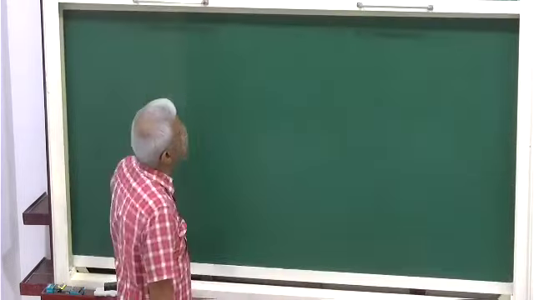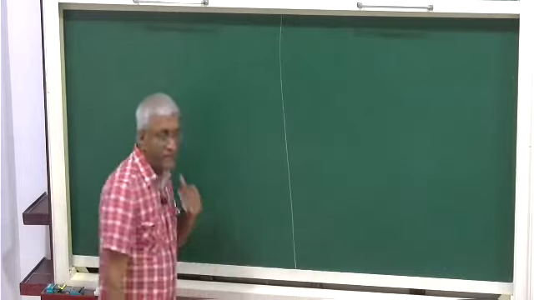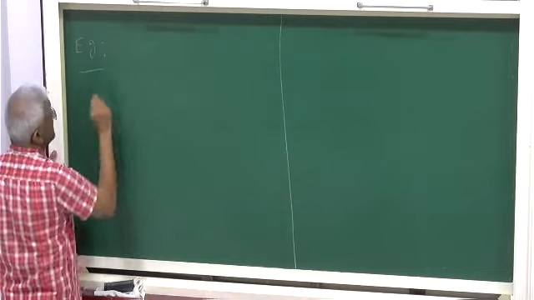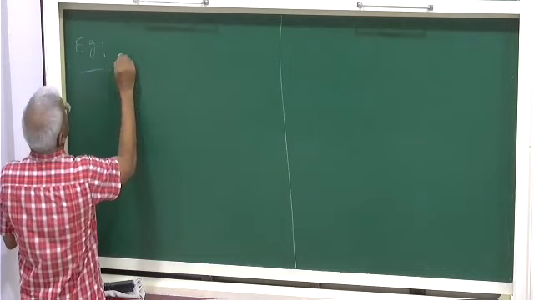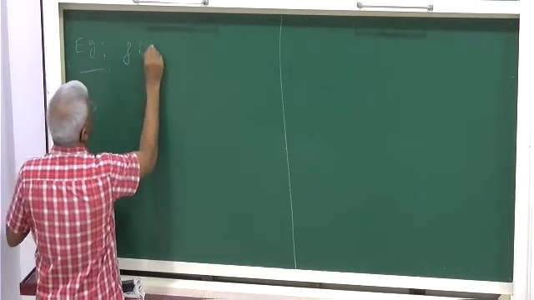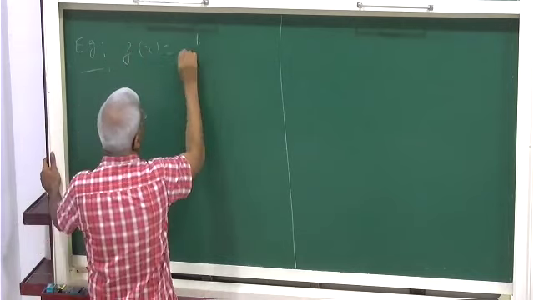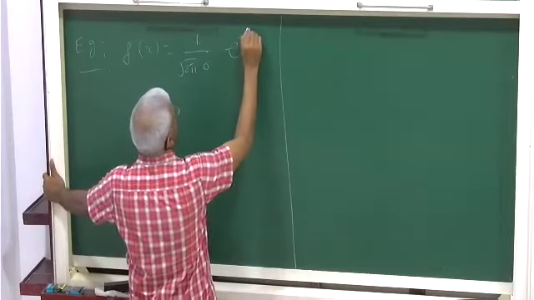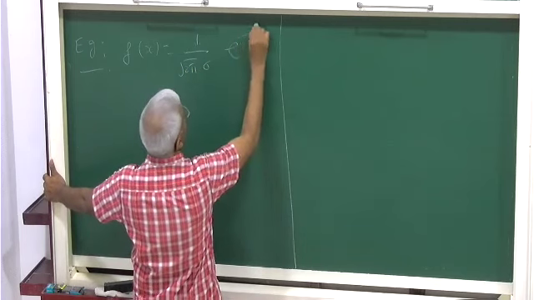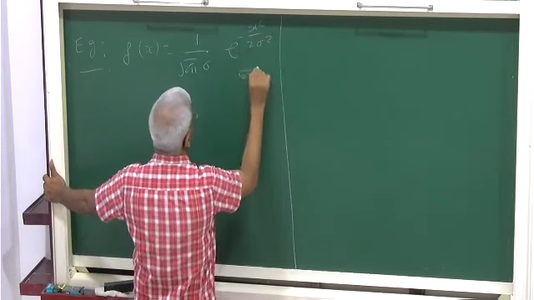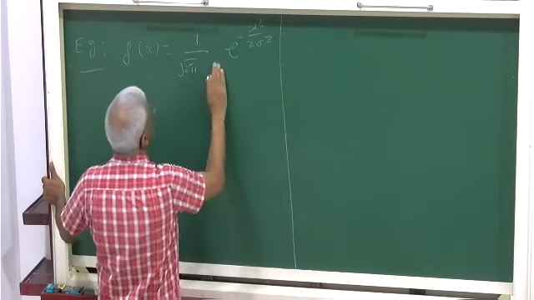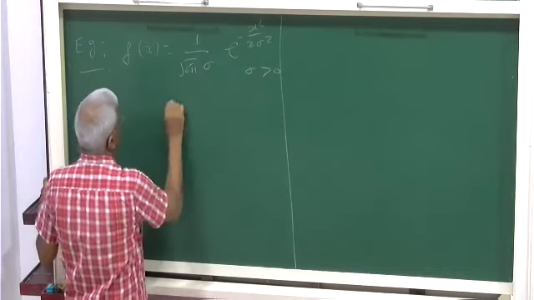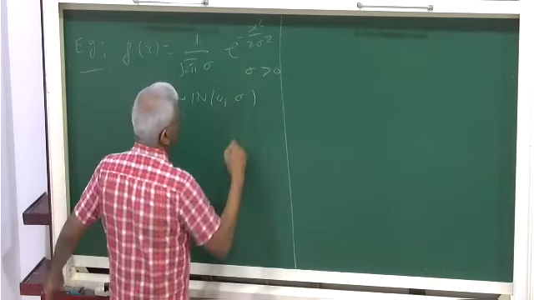That's about exponential random variables. Then our next example, we have already seen this, of course, which is you take f of x equal to 1 by square root of 2 pi sigma e power minus x square by 2 sigma. Sigma doesn't matter, sigma greater than 0. This is the density of a normal random variable with mean 0.